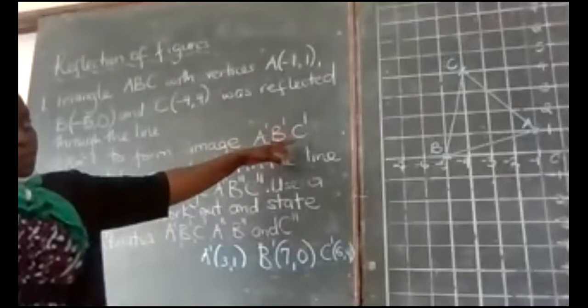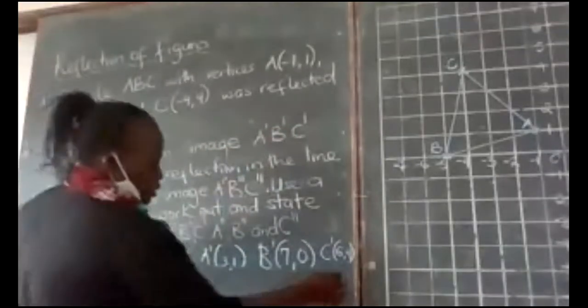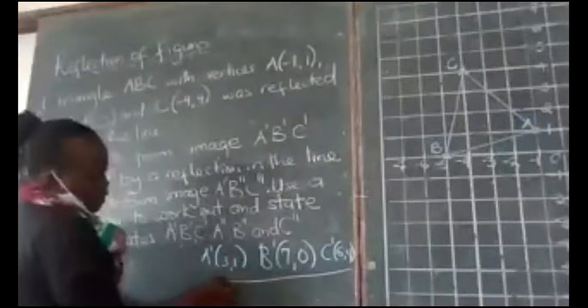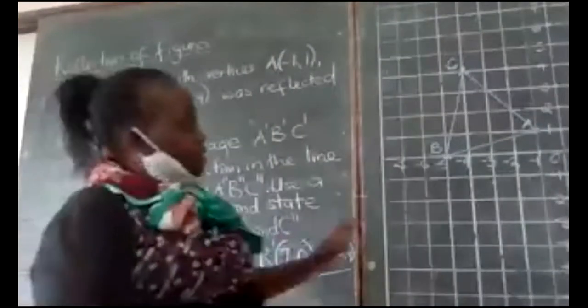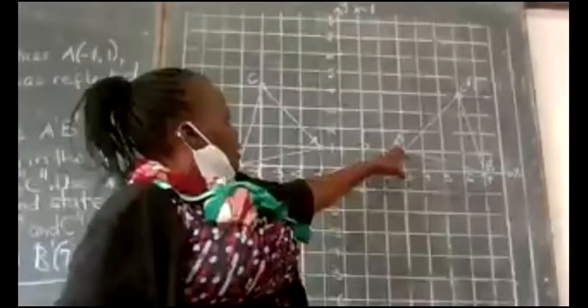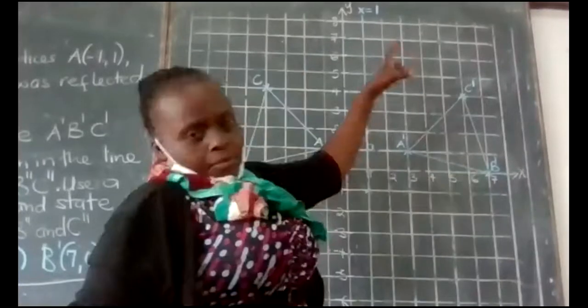So the image formed is this one. It has these coordinates, and the image formed is here on the board. A prime, B prime, C prime.